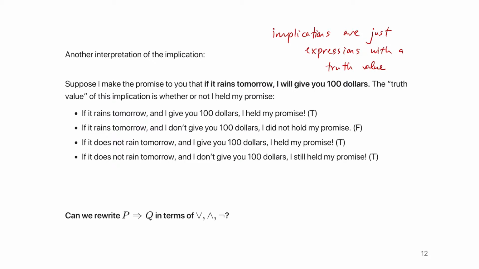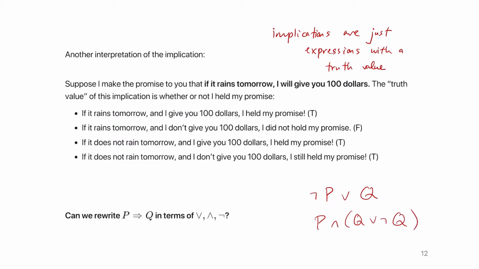Okay, any ideas? How can we rewrite P implies Q in terms of our standard three operations? In the back: not P, union Q. So not P or Q is our guess. Any other guesses? Yeah. So you're saying P and Q or not Q?